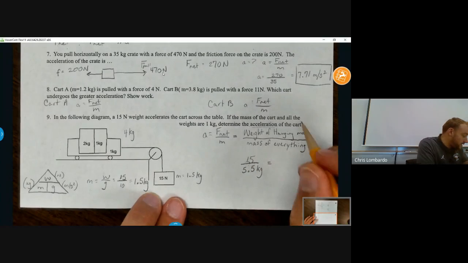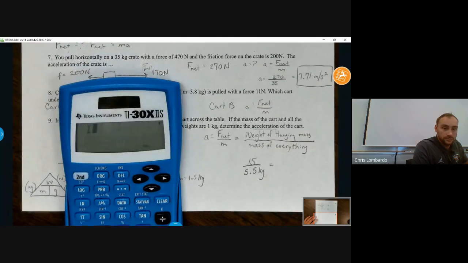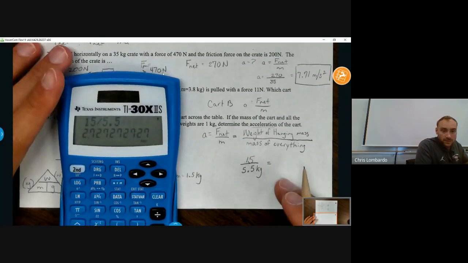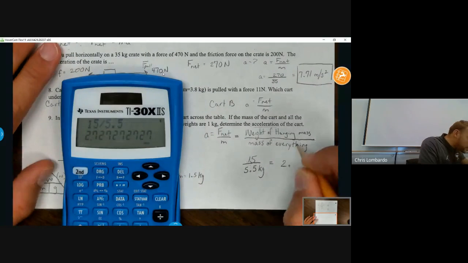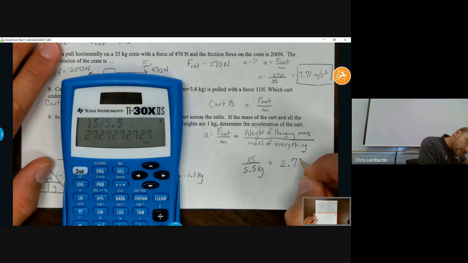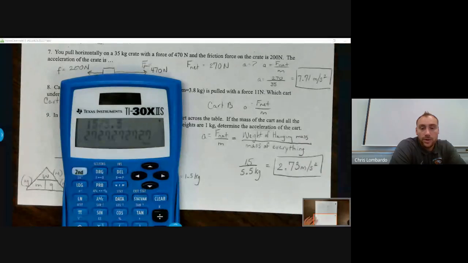When you divide that out, we get 2.7272 repeating. If we round to 2 decimals, 2.73 meters per second squared is our final answer, our acceleration. All right, guys, that is how you're going to do the homework. See ya.